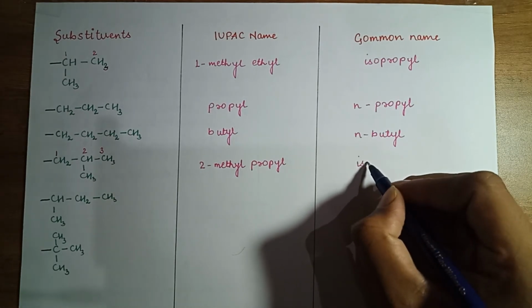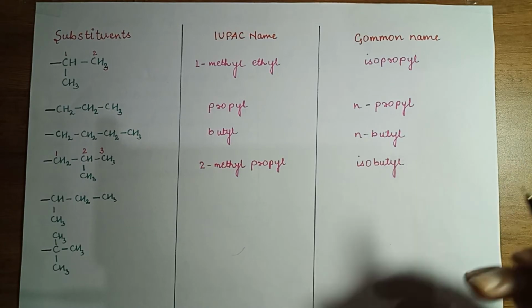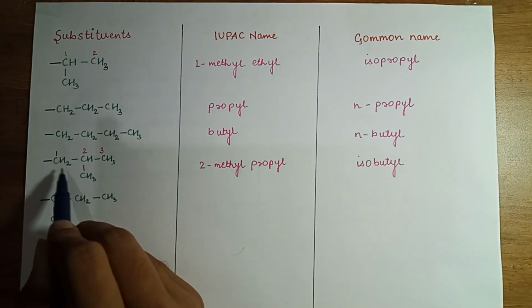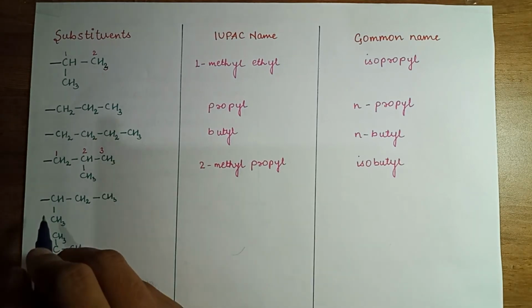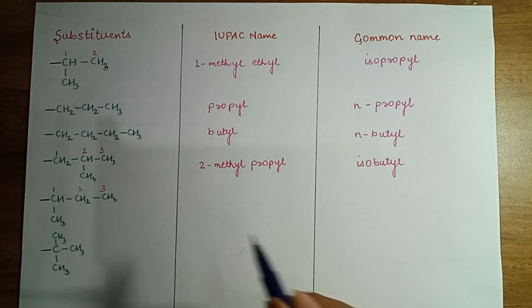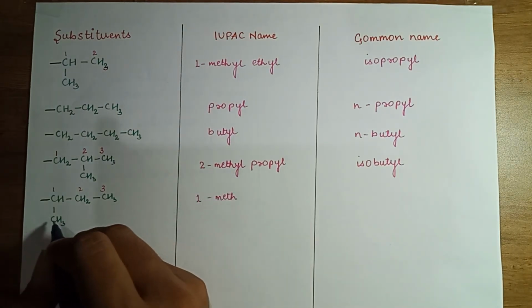And common name isobutyl. Why isobutyl? Here you can see that CH is attached with 2 CH3 groups and 4 carbon chain, so isobutyl.